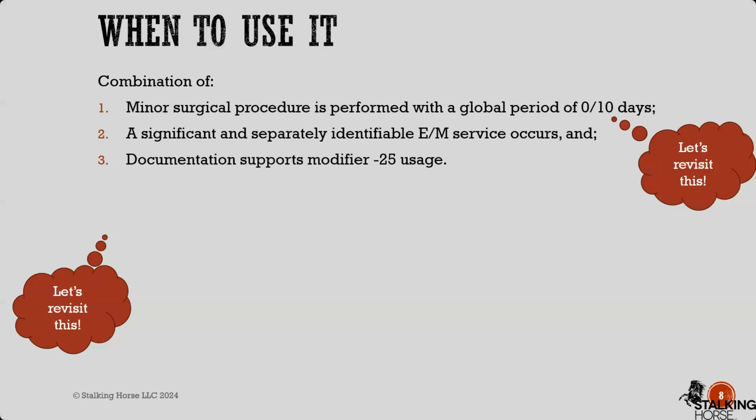So again, the only way we can really prove something is through the documentation. It's kind of like that age-old analogy, if it wasn't documented, it wasn't done. So if you are saying that a service was significant and separately identifiable, it really needs to be demonstrated through the documentation.